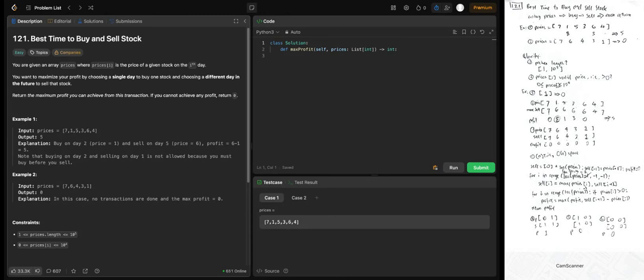So this looks correct because the best profit is to buy at day 2, and then we will return 5. And then the second example here, we have 7, 6, 4, 3, 1.